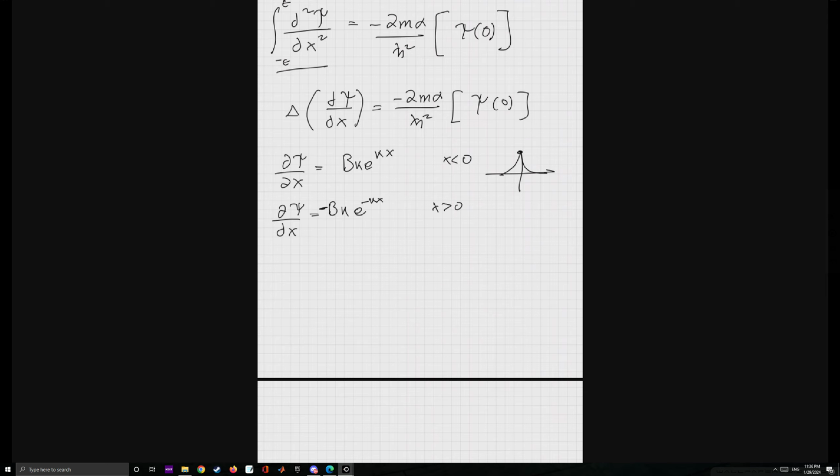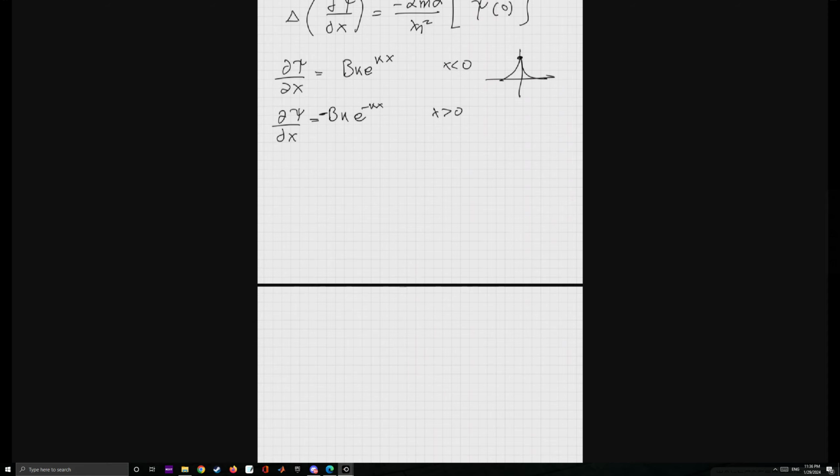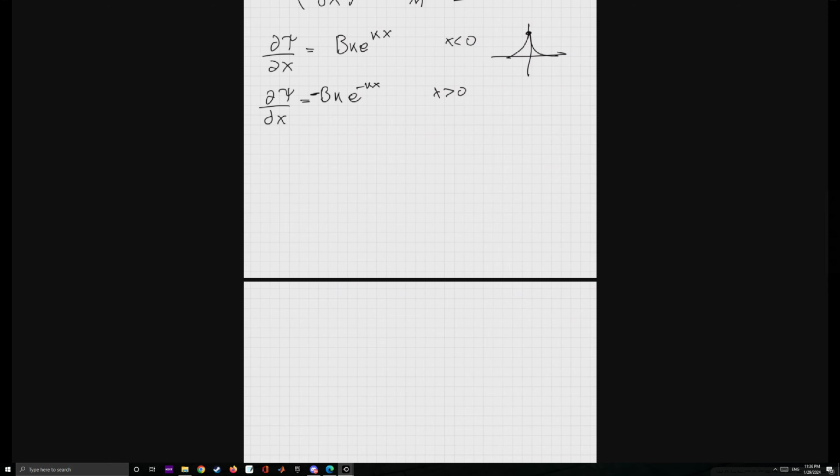So e to the k0 is just 1, e to the negative k0 is just 1, and then let's look at the difference, which simply equals negative 2 b k.